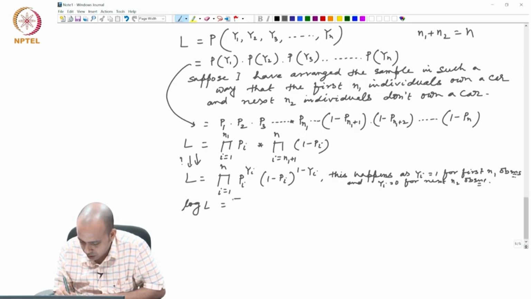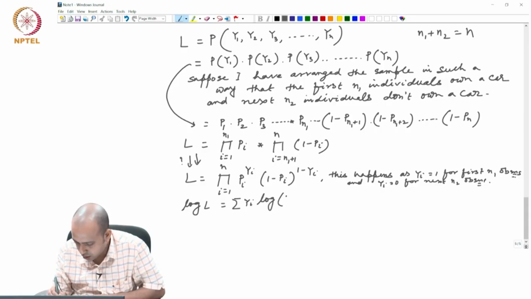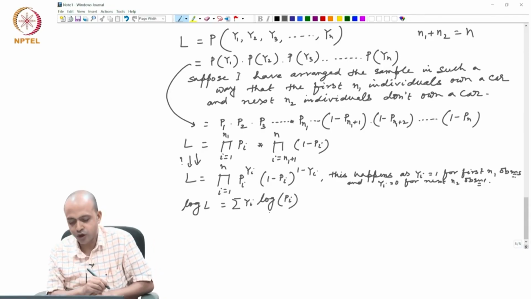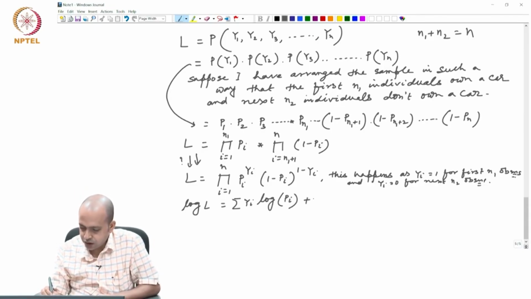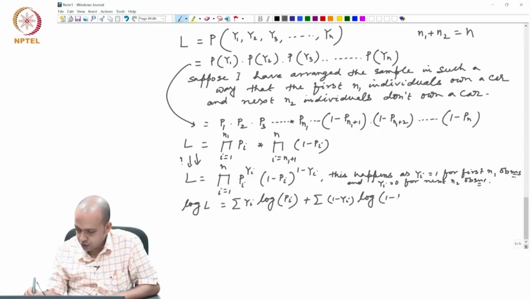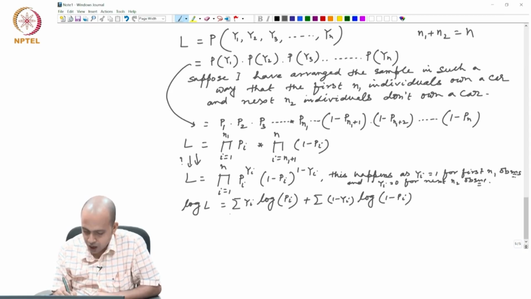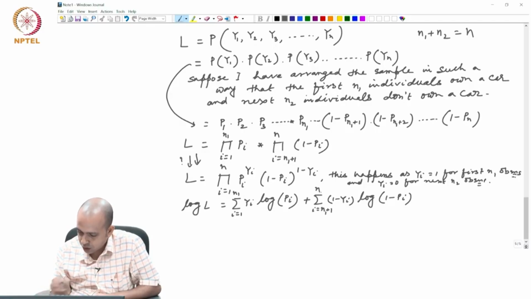You can say log L equals the sum of yi log pi, i running from 1 to n1, plus the sum of 1 minus yi into log of 1 minus pi, i running from n1 plus 1 to n.